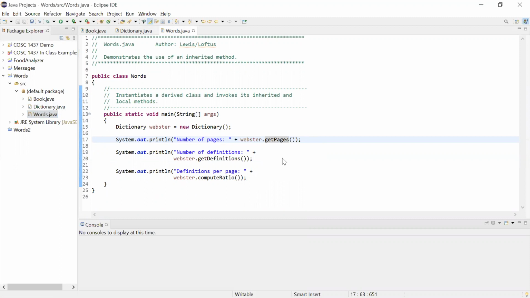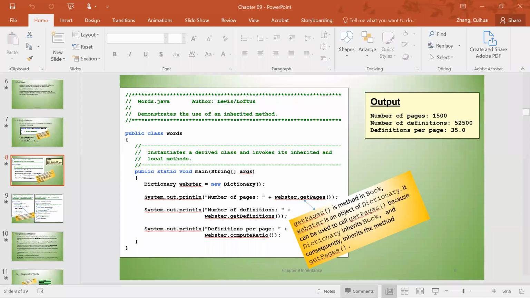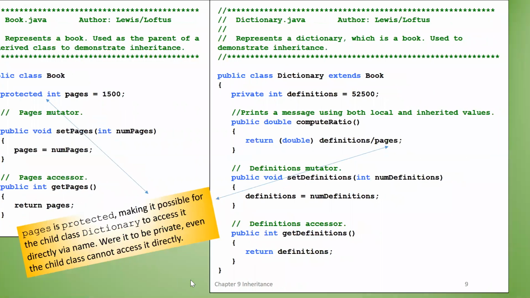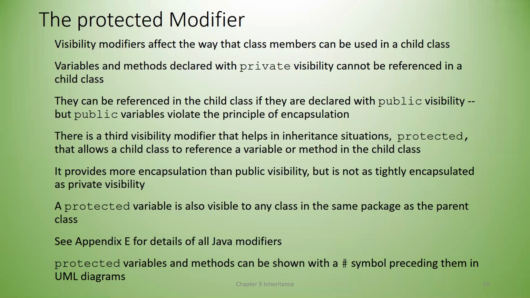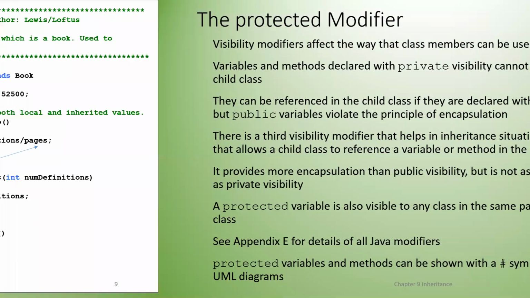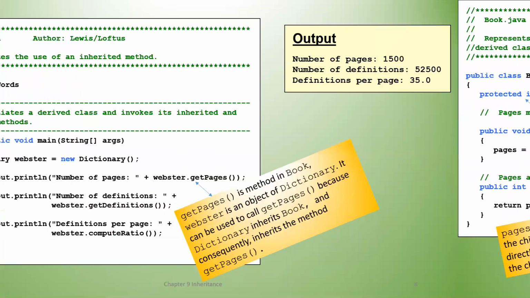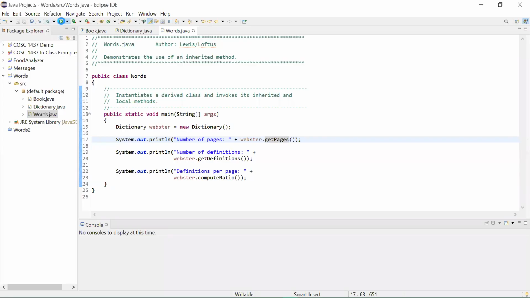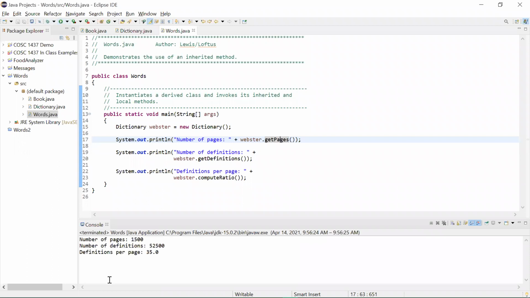No questions? Okay, let's look at this. So I explained all this just now, right? If you don't understand, go back, rewatch the video or study this. I try to put the notes there to make it clear. I didn't run it, so let's run it. The running is very simple, right? Number of pages and number of definitions. If you look at this, this doesn't have any pages. So where does the page come from?